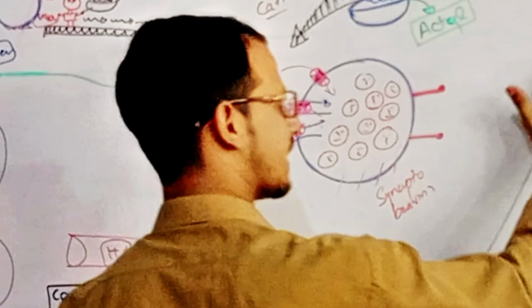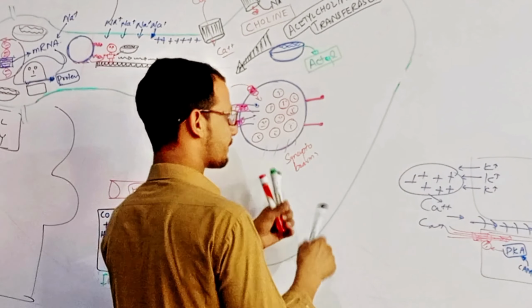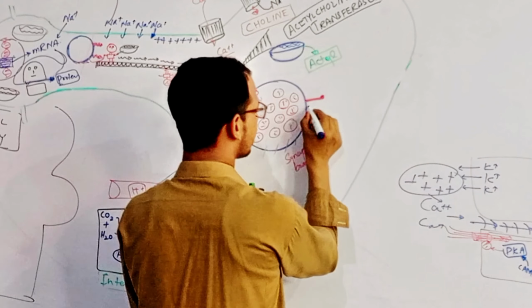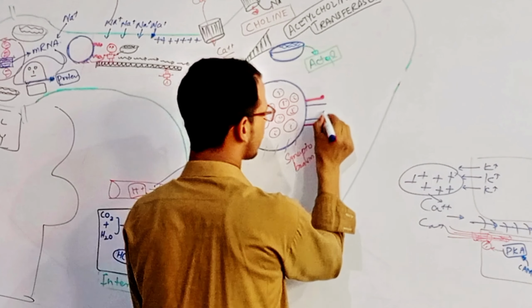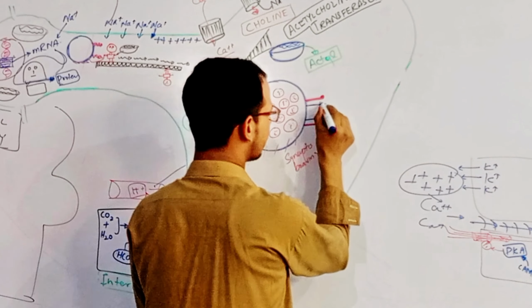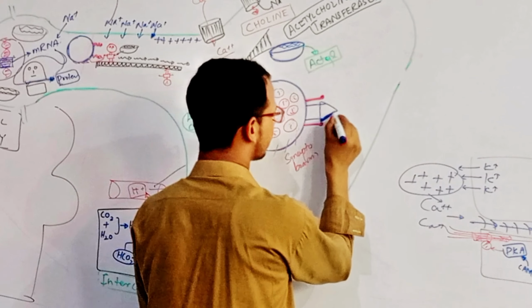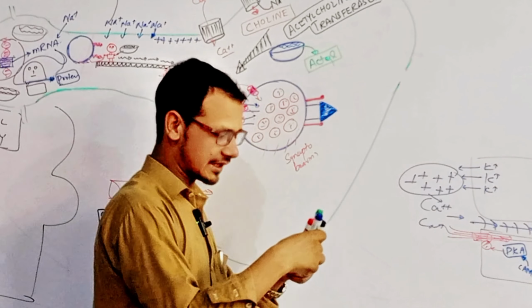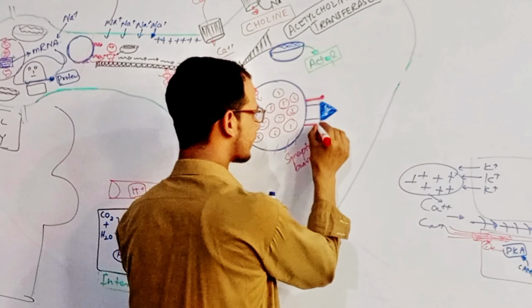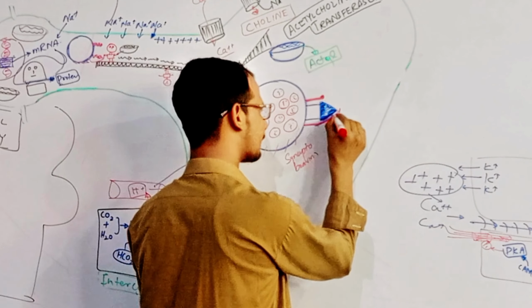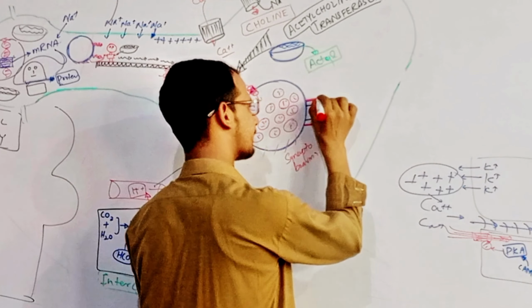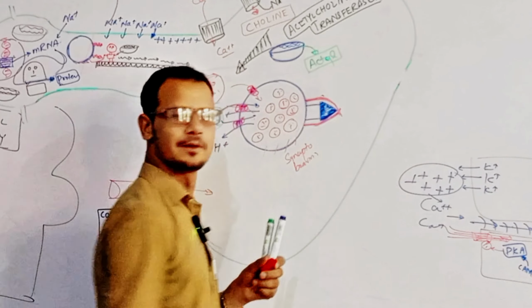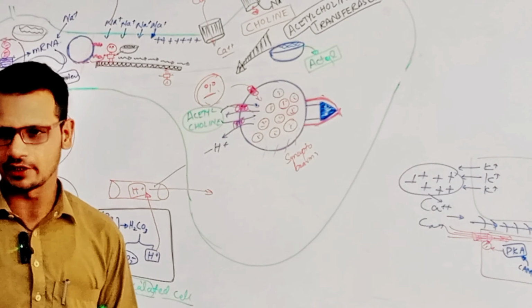And these terminals also have very special types of, first of all, for example, I have this binding site. This is the binding site, but this binding site is blocked by V snares, and this vesicle is not able to attach to any other proteins.